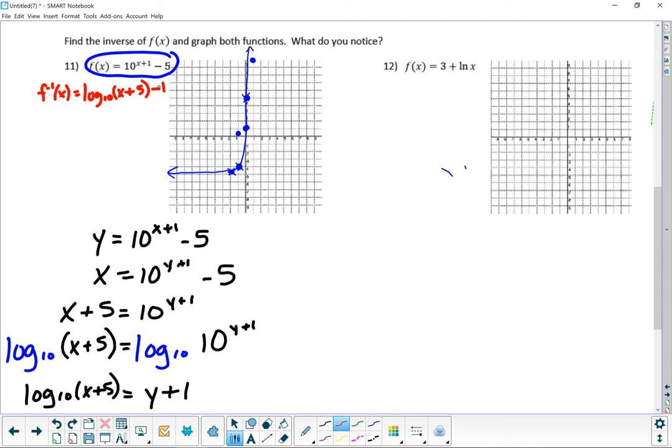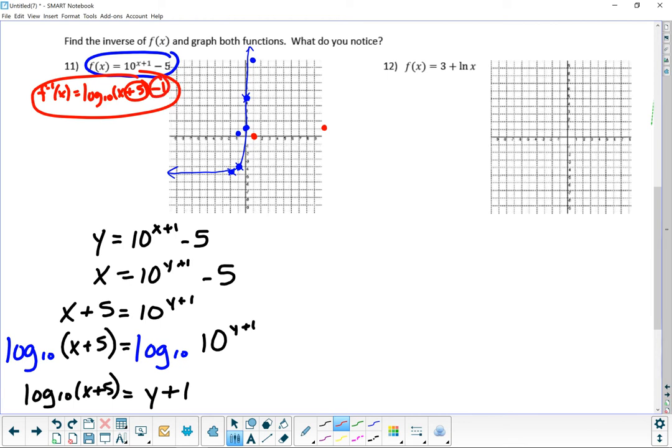Okay. My red one, this one here. I'm going to start with my parent function. This is a log base 10, so all logs start at (1, 0). And this is base 10, so (10, 1). Okay. And I'm going to do the transformation from there. The transformation for this one is left 5 and then down 1.